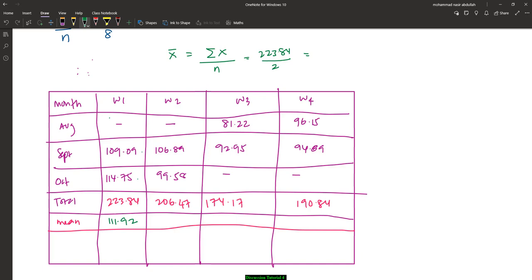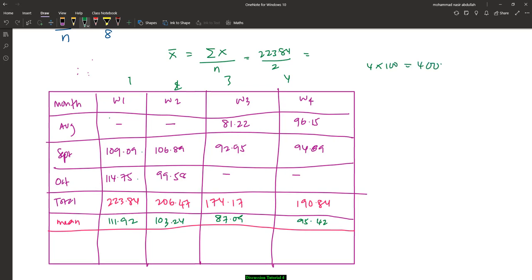Since dia dah bagi tahu awal dalam soalan tu 2 decimal point, we standardize all the answer in 2 decimal point. 103.24, 87.09, and this is 95.42. So since we have 1, 2, 3, 4 weeks, so 4 multiplied with 100 should be equal to 400.